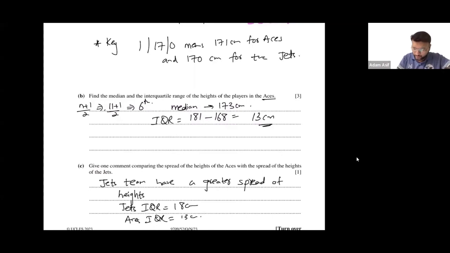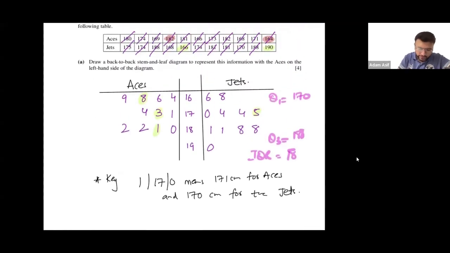Now, if we would not have found out the interquartile range, how could we compare? We can also compare by the range. So over here, the range for aces would be 182 minus 164, highest value minus the lowest value, that is 18.